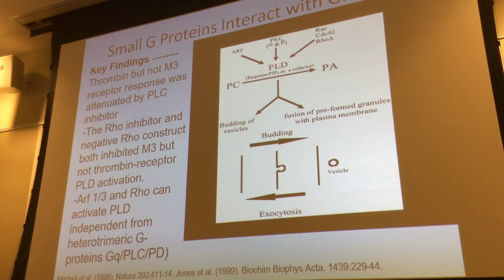Ultimately, this would be moving from phosphatidylcholine to phosphatidic acid, which can act as a detergent. So this can be involved in how the cells and the vesicles fuse, because you need a detergent if you're going to get vesicle fusion. So we've just created our detergent. It's such a nifty little thing.